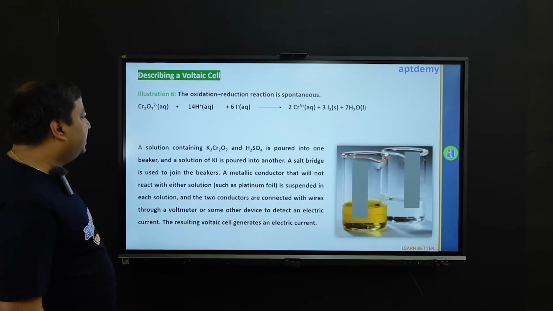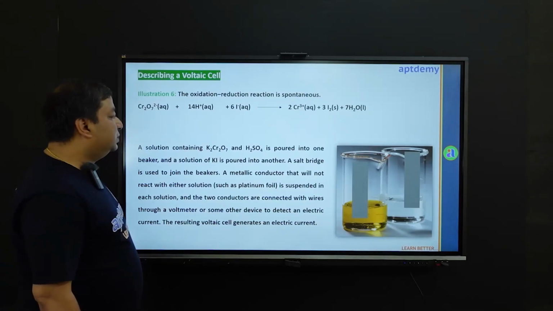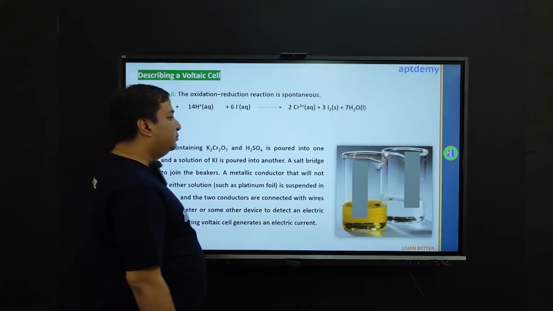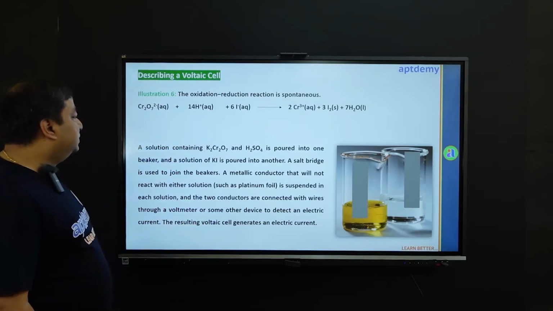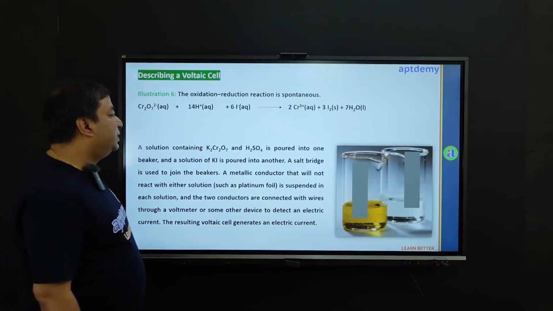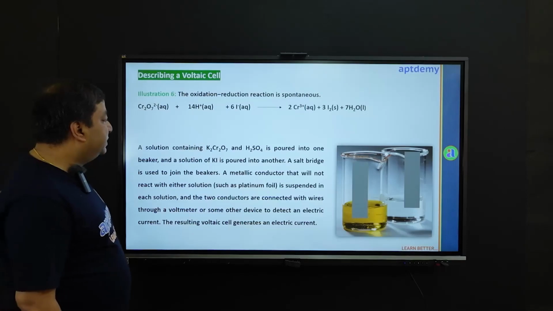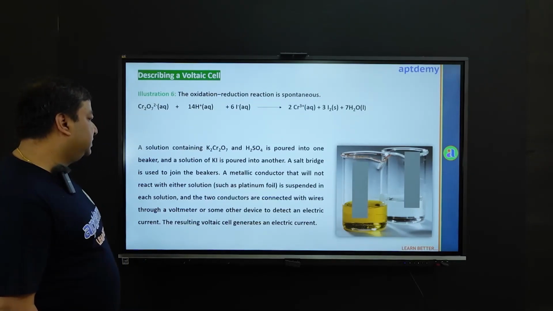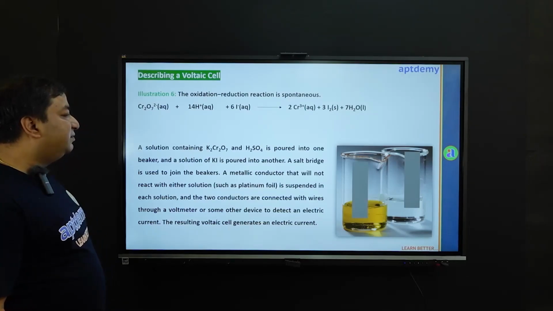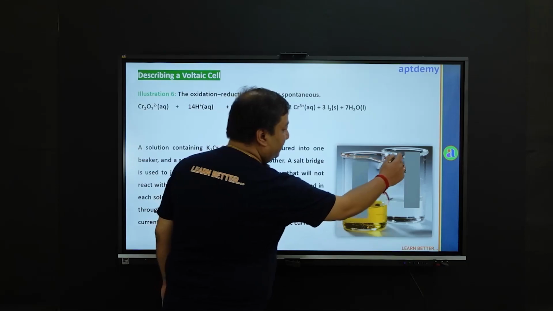A solution containing K2Cr2O7, that is potassium dichromate, and H2SO4, sulfuric acid, is poured into one beaker, and a solution of KI is poured into another beaker. A salt bridge is used to join the beakers. A metallic conductor that will not react with either solution, such as platinum foil. These are the platinum foils.